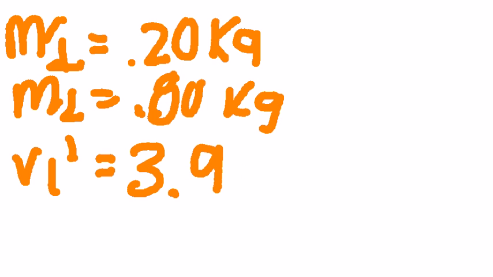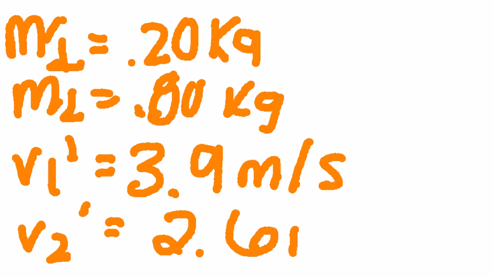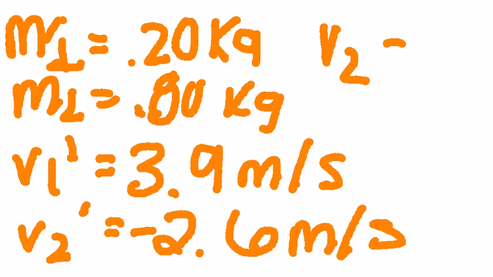Now, 3.9 in the equation is going to equal V1 prime, since it happens after the collision. And 2.6 is going to equal V2 prime, because it also happens after the collision. But since it says that it happens in the opposite direction, make sure to make this value a negative. And also, the initial velocity of the second object, V2, is going to be 0, since the vase is sitting still.